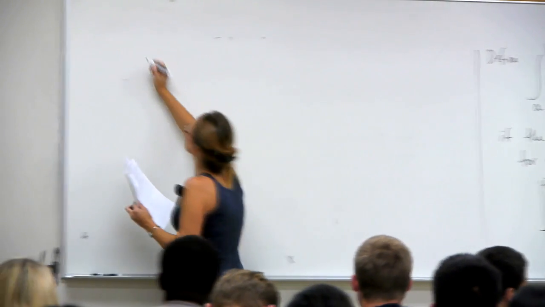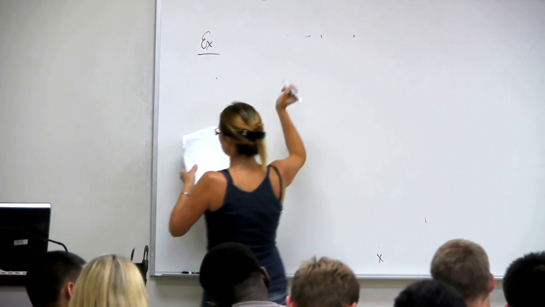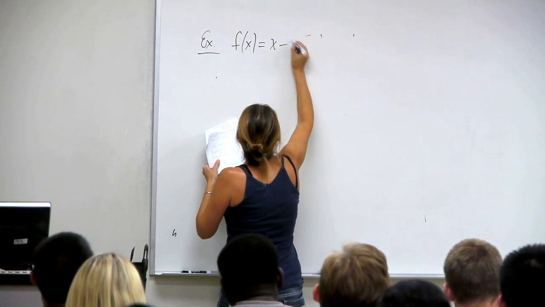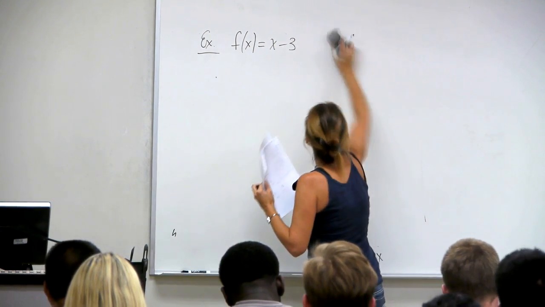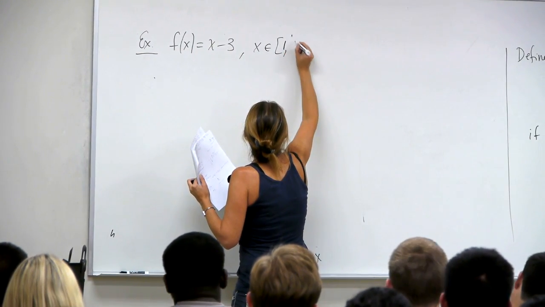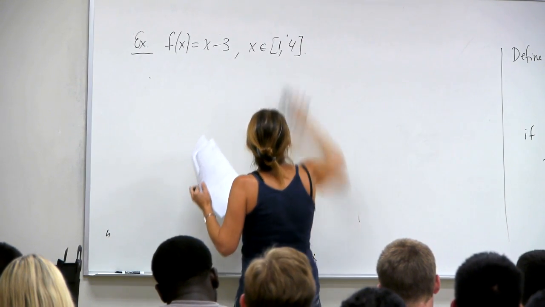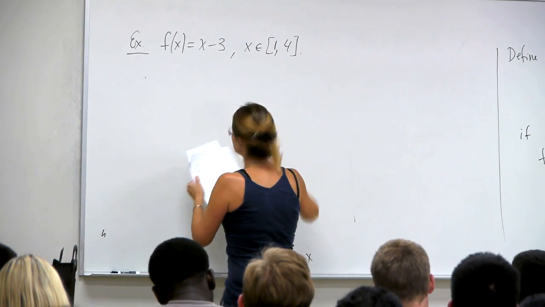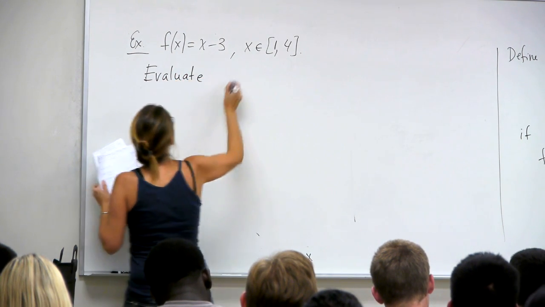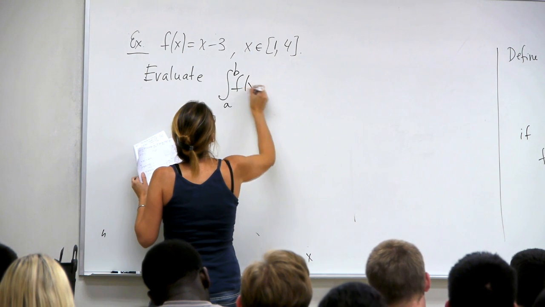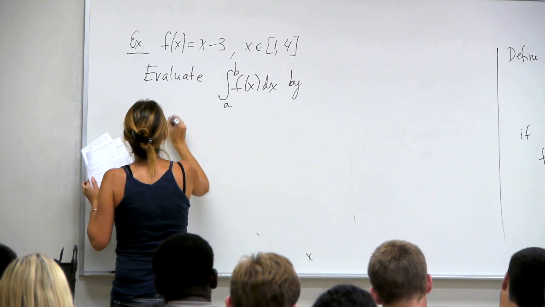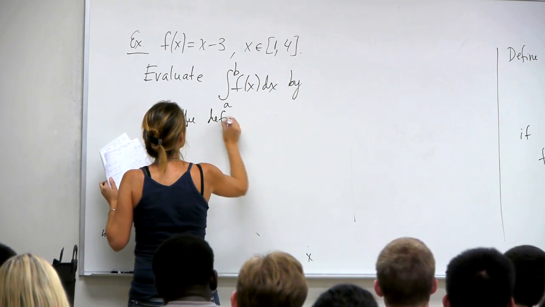Okay? So in this example, we set f of x is x minus 3. We'll say that x belongs to the interval from 1 to 4. Evaluate the integral of f of x dx by using the definition.